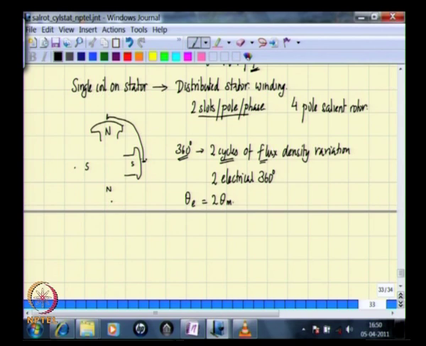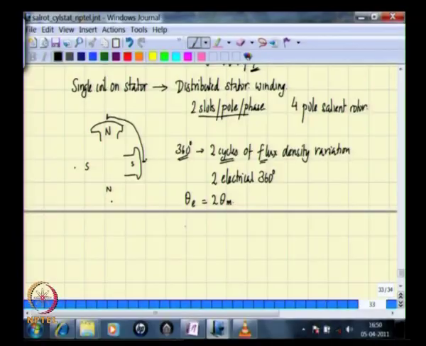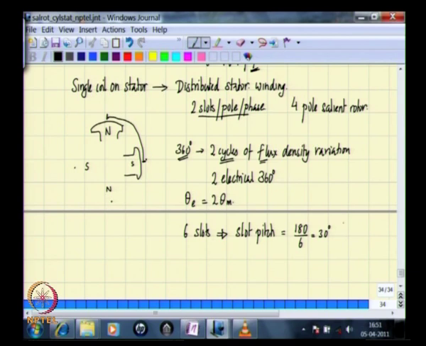That means you are going through 180 degrees of flux density variation, and in that 180 degrees of flux density variation there are 6 slots, which means that the slot pitch is equal to 180 divided by 6, which is 30 degrees.